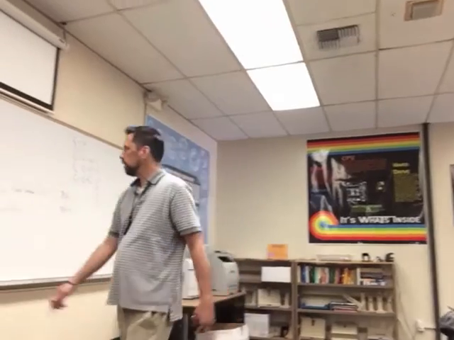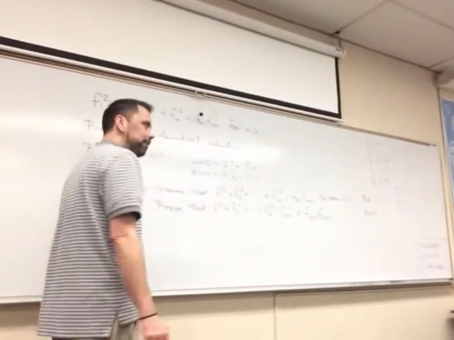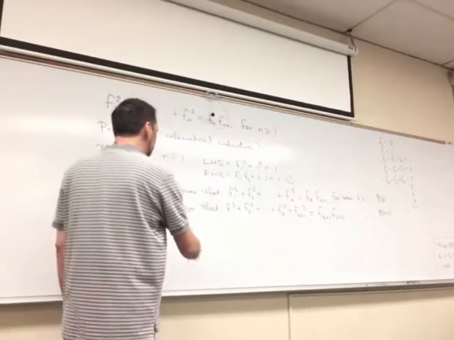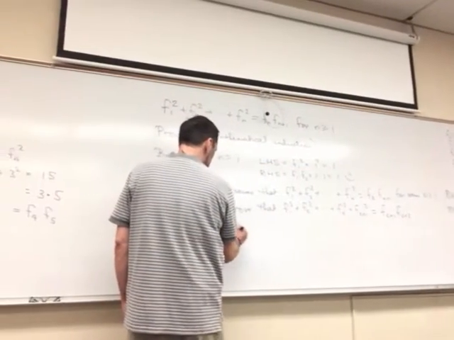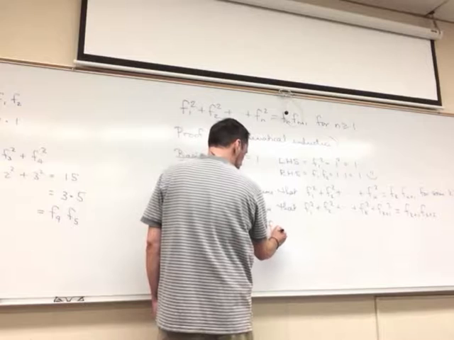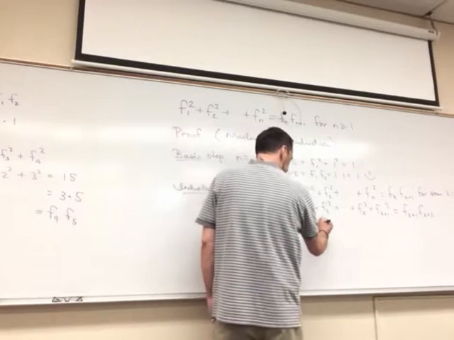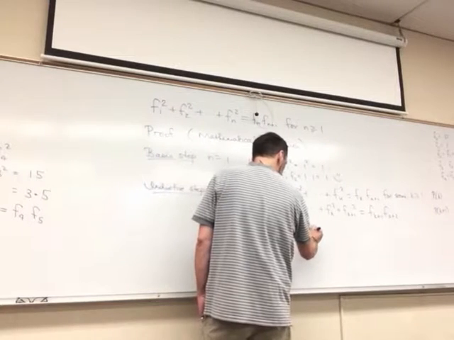All right. So after you've done a few proofs by induction, you start to notice that there's kind of a pattern. So I'm going to take my f sub 1 squared plus f sub 2 squared plus blah, blah, blah, f sub k squared plus f sub k plus 1 squared.